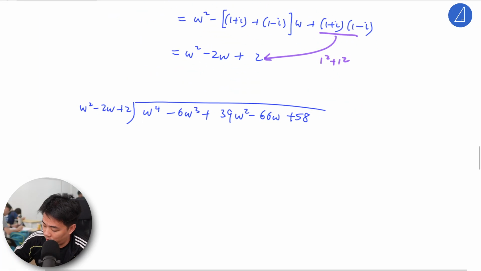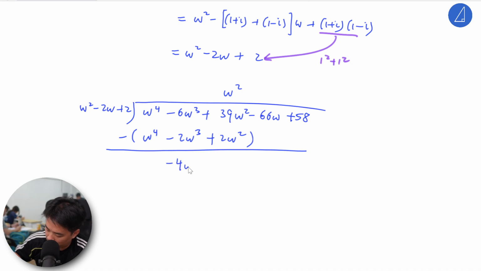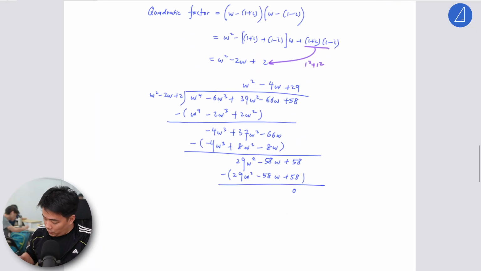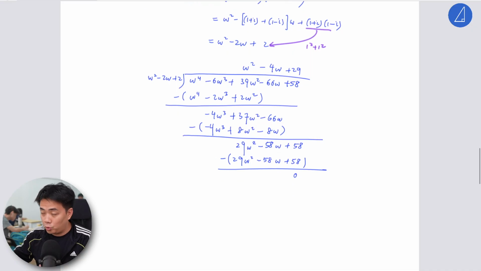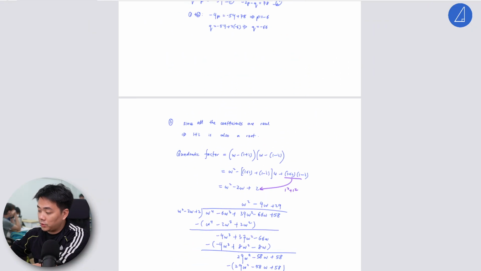Doing long division, we get w squared here, then w to the fourth minus 2w cubed plus 2w squared, subtract it out. This will be minus 4w cubed plus 37w squared minus 66w. Once we do that, make sure the remainder is 0, then you can express it as two quadratic factors. So that's how I do this question proficiently. If you have any questions at all, please do let us know and I'll see you in the next question.